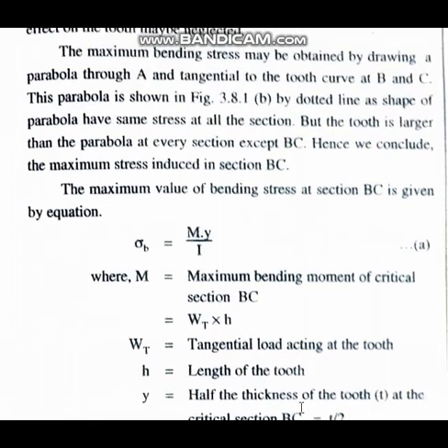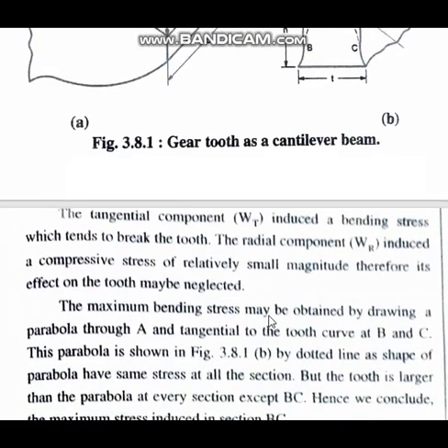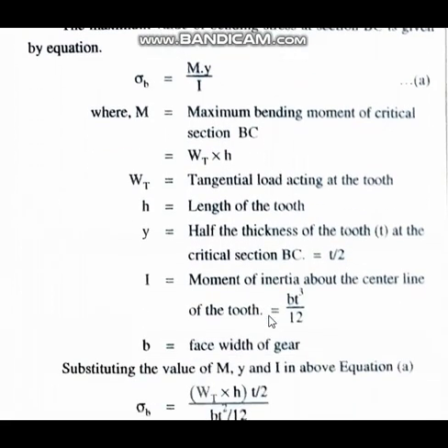To B or T? You see, this W is in whichever direction, it is parallel to T. It is not parallel to B. Because it is parallel to T, therefore the cube will be applied to T. Okay, so BT cube upon 12.